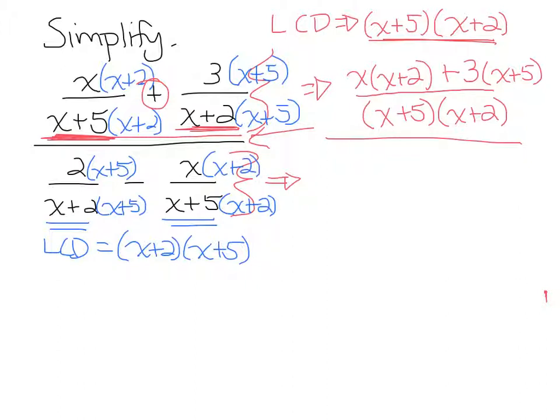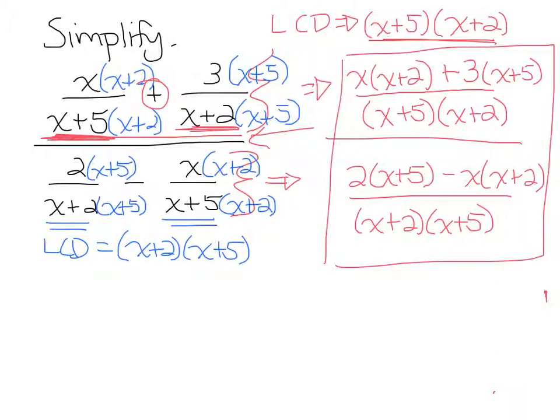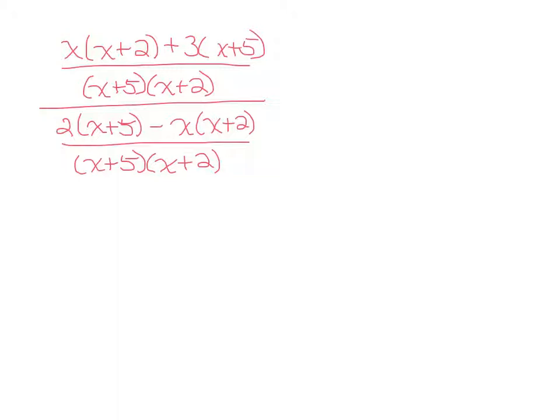Now let's see what we have. In our denominator, we have that common denominator. And in the numerator, we have 2 times x plus 5 minus x times x plus 2. We're going to look on a clean sheet of paper at how we can simplify this further. In the numerators of each, we can simplify by distributing the x and the 3, as well as the 2 and the negative x.